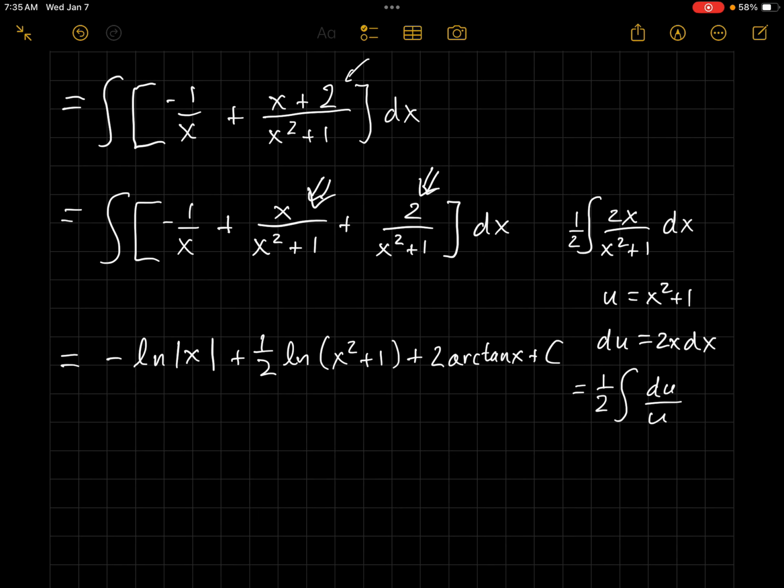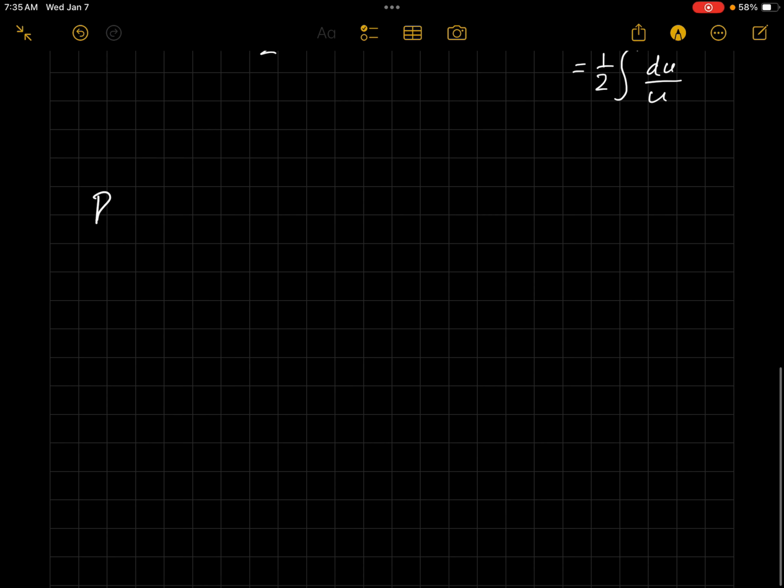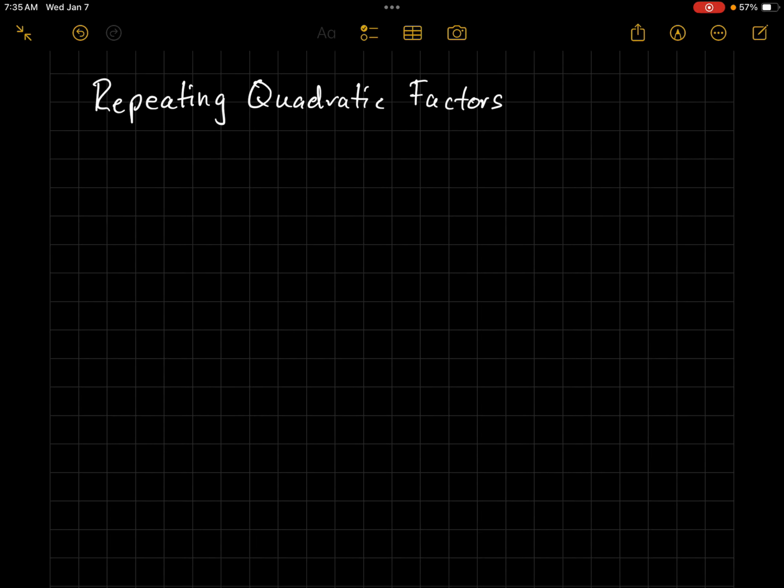What if we had repeating quadratic factors? The algebra of this gets very messy, so I'm just going to show you how to do it. I'm not going to work through the problem. But just imagine that we had the integral x squared plus 3x plus 5 over x plus 1 times x squared plus 4 squared.